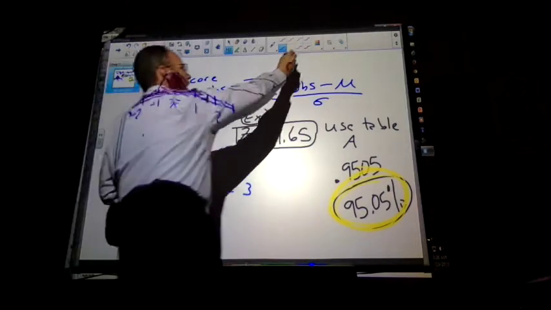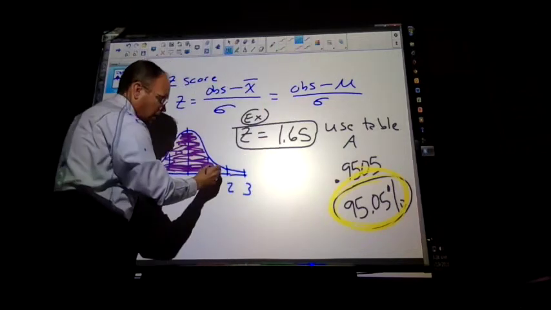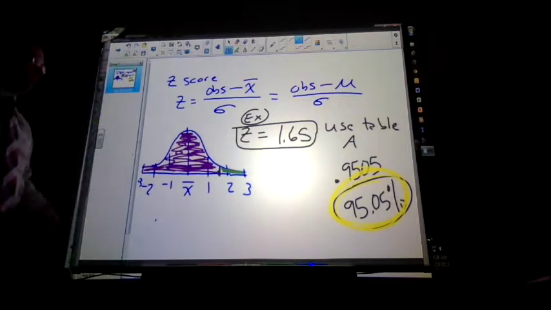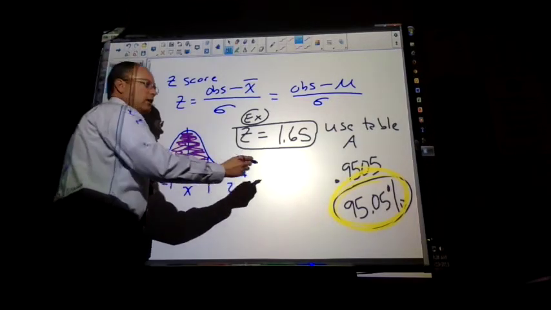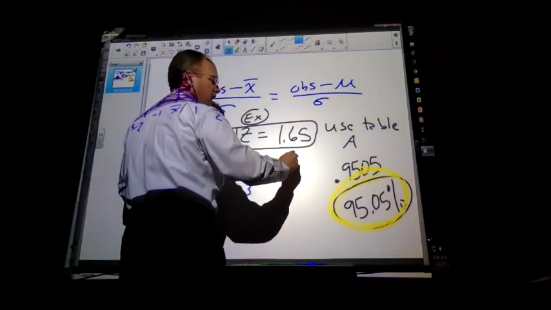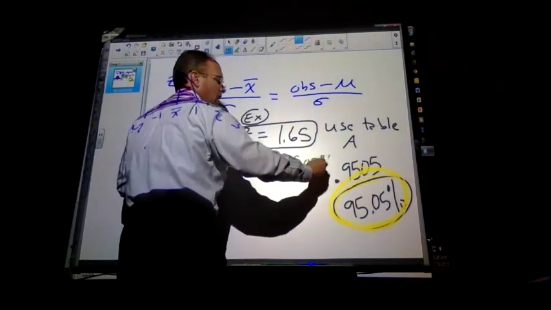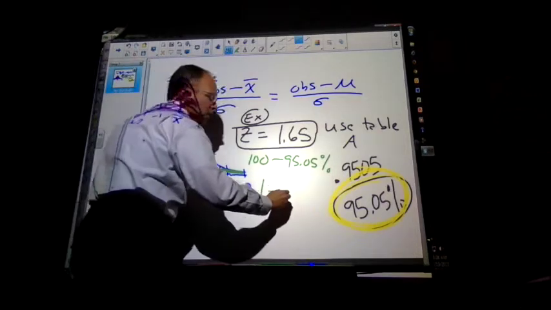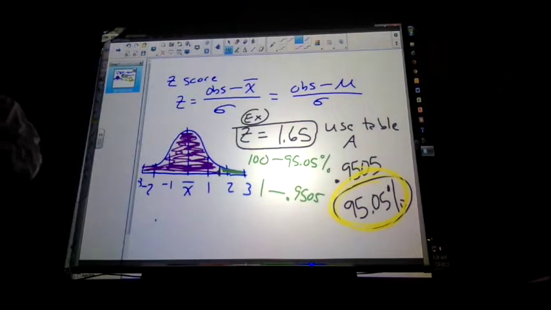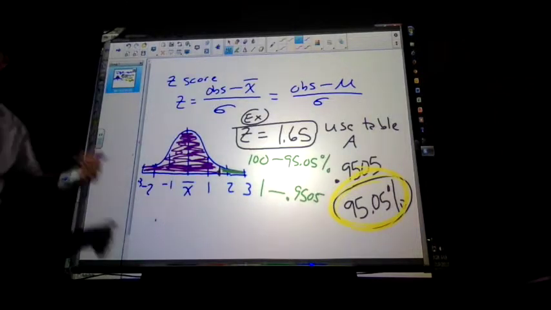If I wanted to find the superhero region, if I wanted to find the other region, I am going to take either 100% and subtract 95.05%, or I'm going to take 1 minus 0.9505. And if I do that, that is either going to find me the area as a percent or a decimal of the area to the right. Okay? Remember, the area under the curve is approaching 100%.